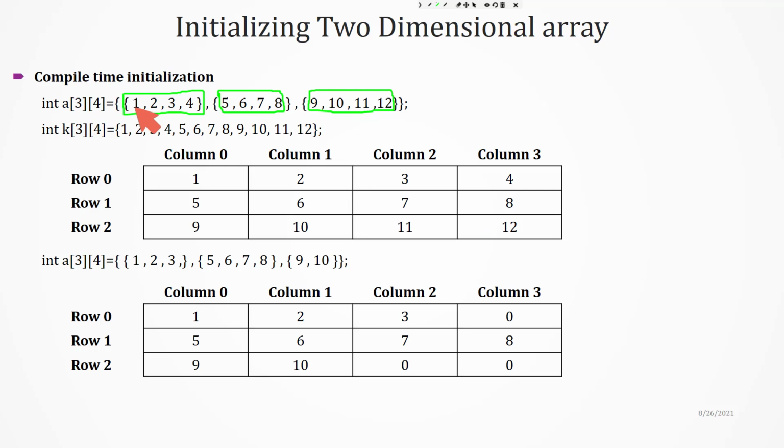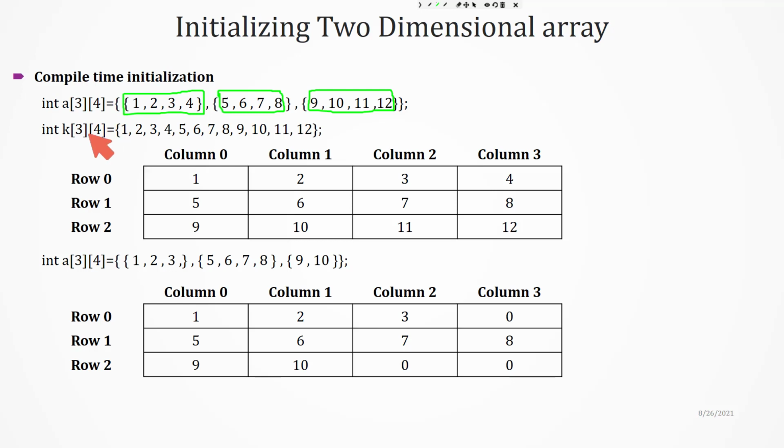So this is one way of initializing a two-dimensional array. It is compile time initialization. Compile time initialization means during the translation of the program from high level to low level, we know the values of this two-dimensional array.